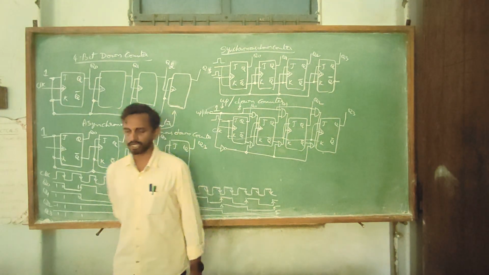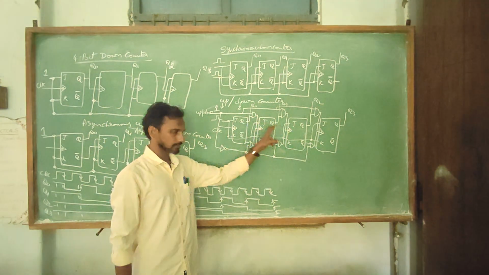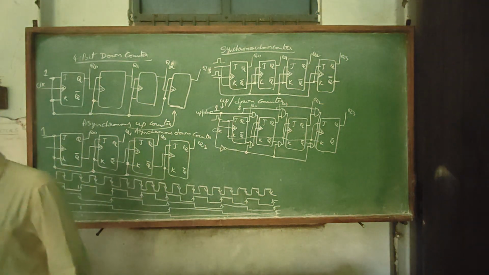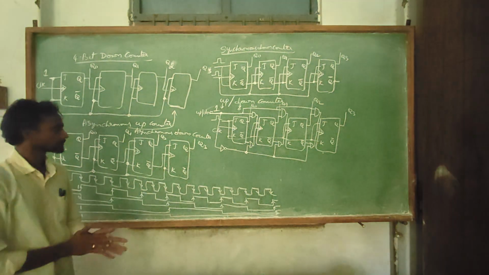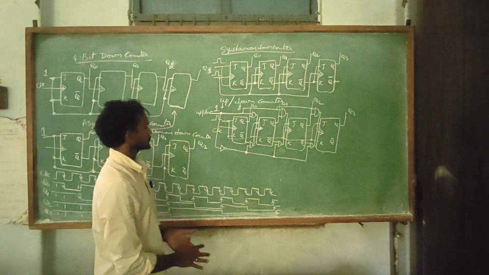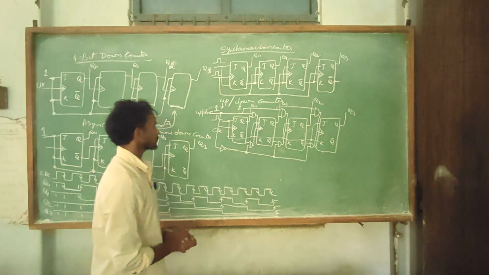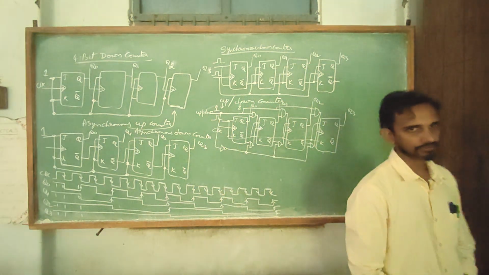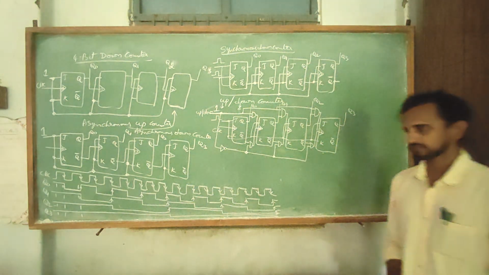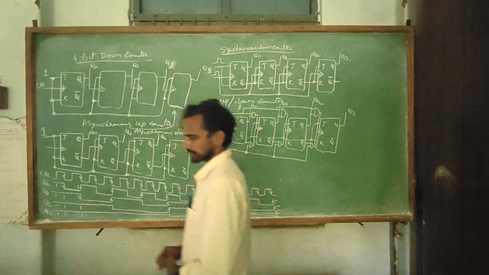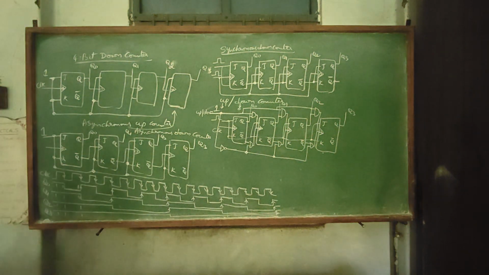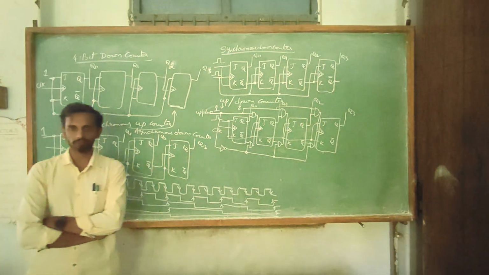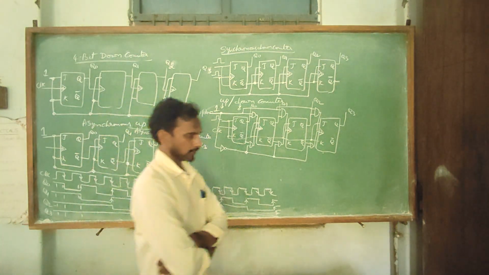So output is as usual taken at Q0, Q1, Q2, Q3. And since it is an asynchronous counter, all inputs are maintained at 1. And the clock trigger is taken from the previous output Q or Q bar, depending on up or down inputs.